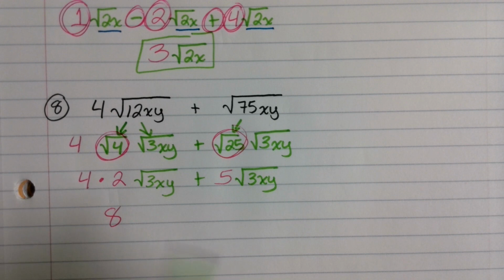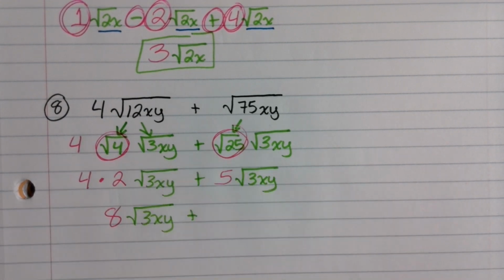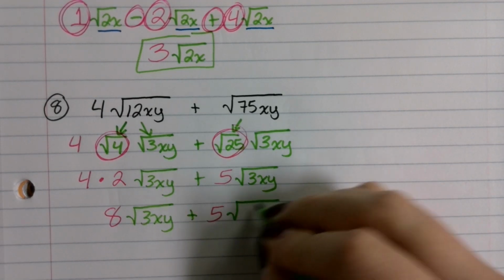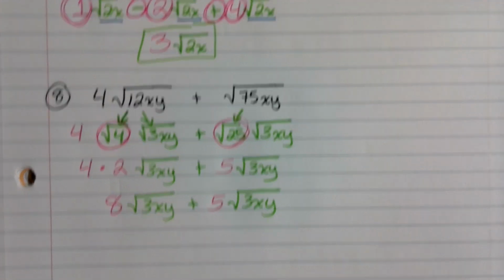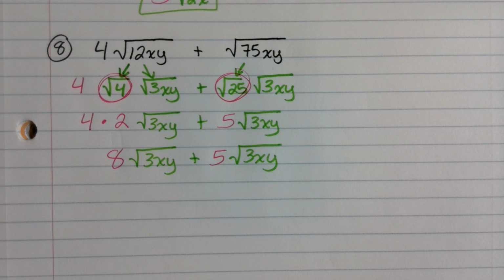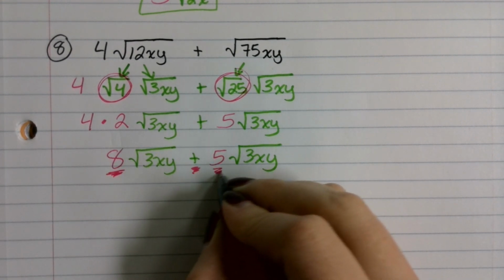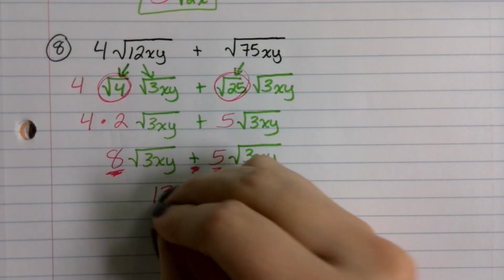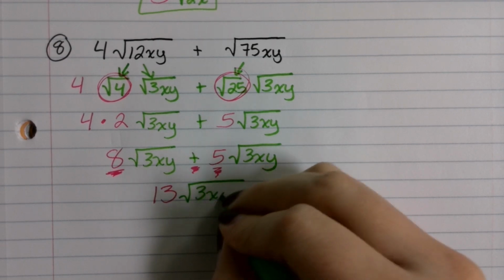So I have 8 square roots of 3xy plus 5 square roots of 3xy. And because they are like radicands on the inside, we can go ahead and combine 8 plus the 5. And 8 plus 5 is going to give us 13. So we get 13 square roots of 3xy.